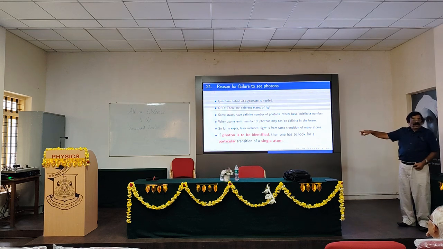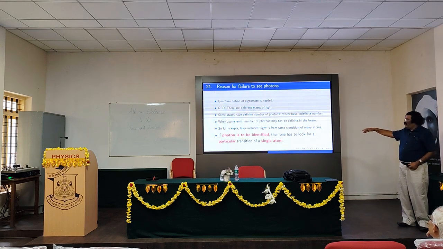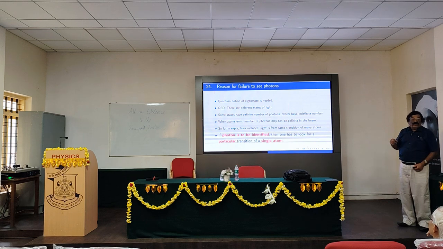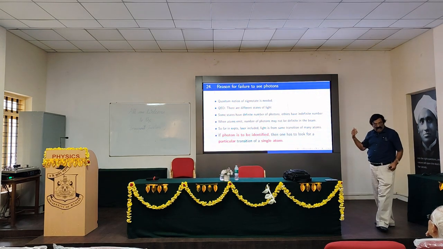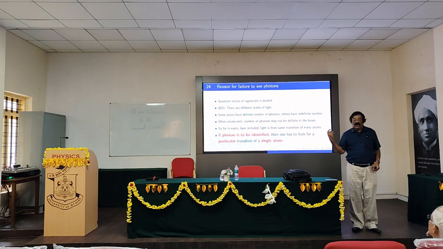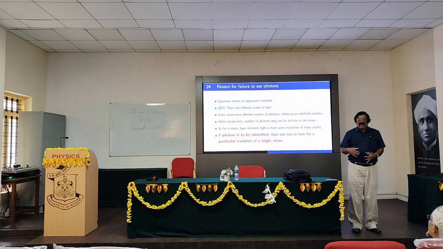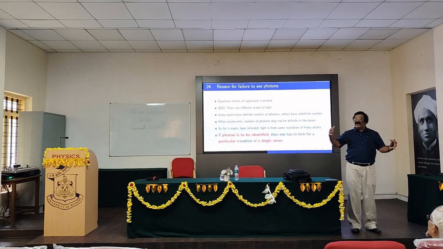So in all the experiments I discussed so far, including laser, the light is from the same transition of many atoms. What we are experimenting with, the Hanbury Brown Twiss experiment discussed here, consists of detectors and all that. But all the time, we are not looking at a single transition. We are looking at a multitude of transitions.